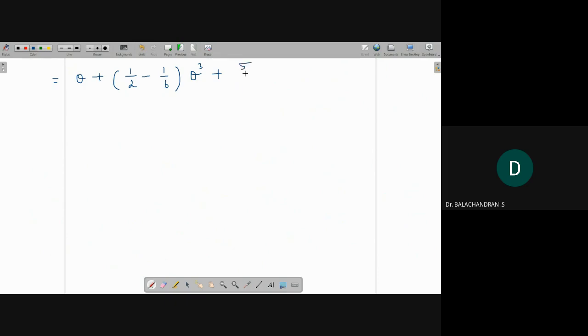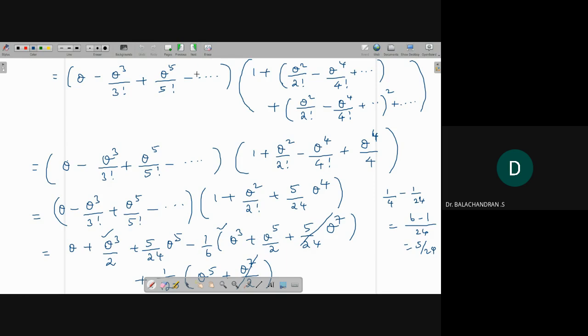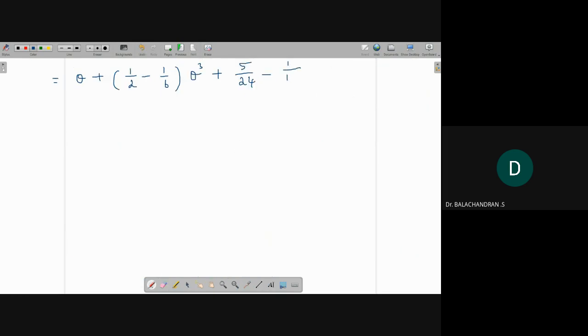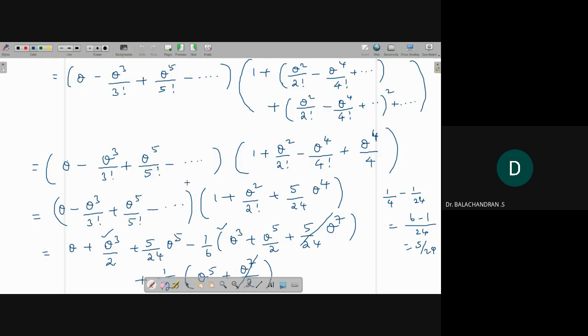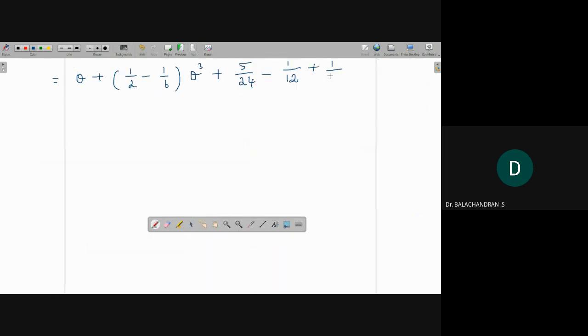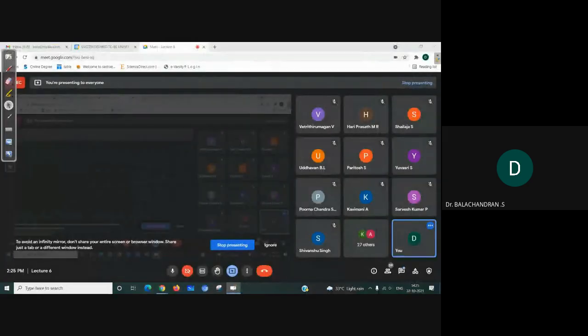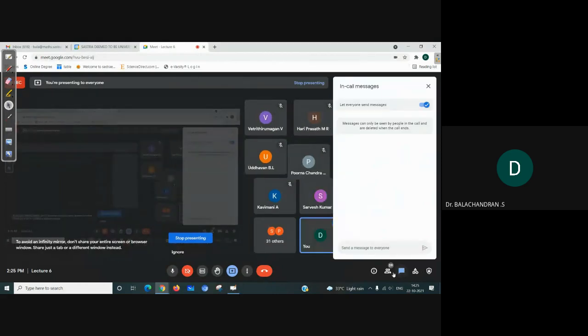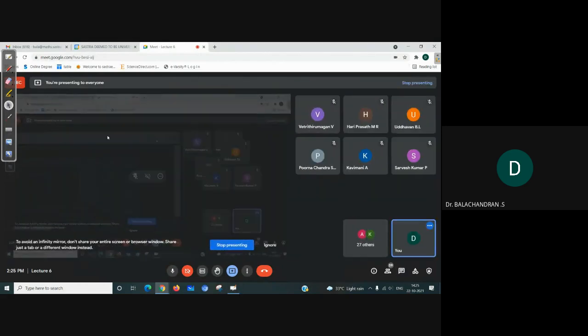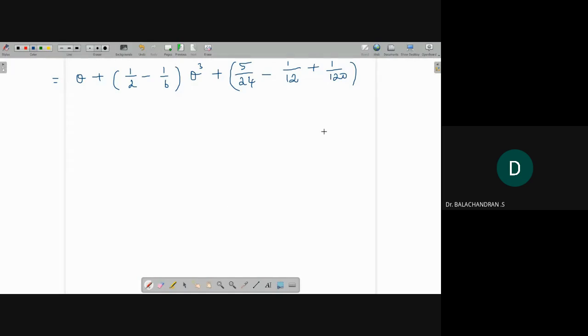Plus 5 by 24 minus 1 by 12, and then plus 1 by 120, into theta power 5, plus and so on. Now simplify and tell the final answer.